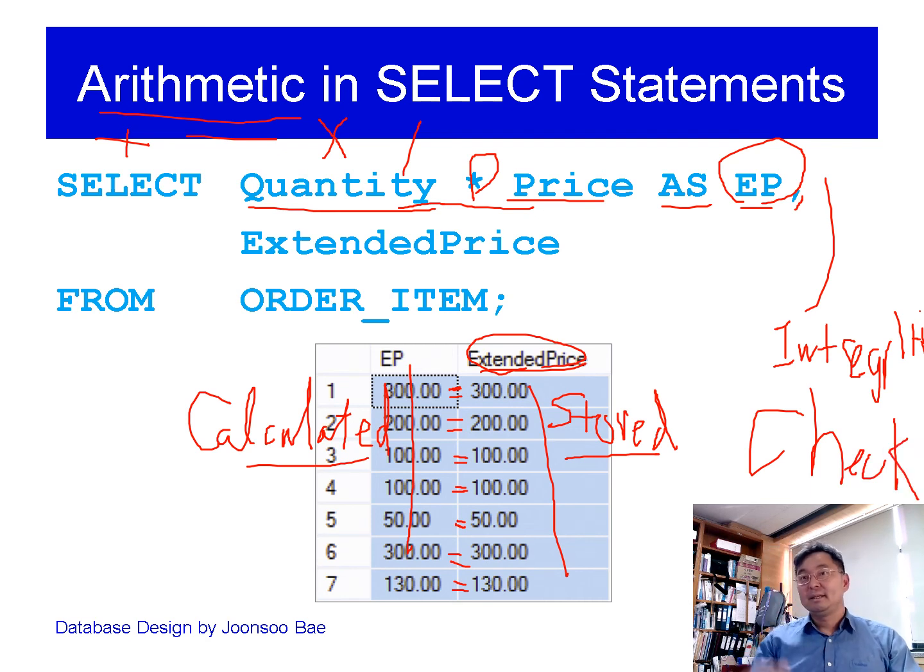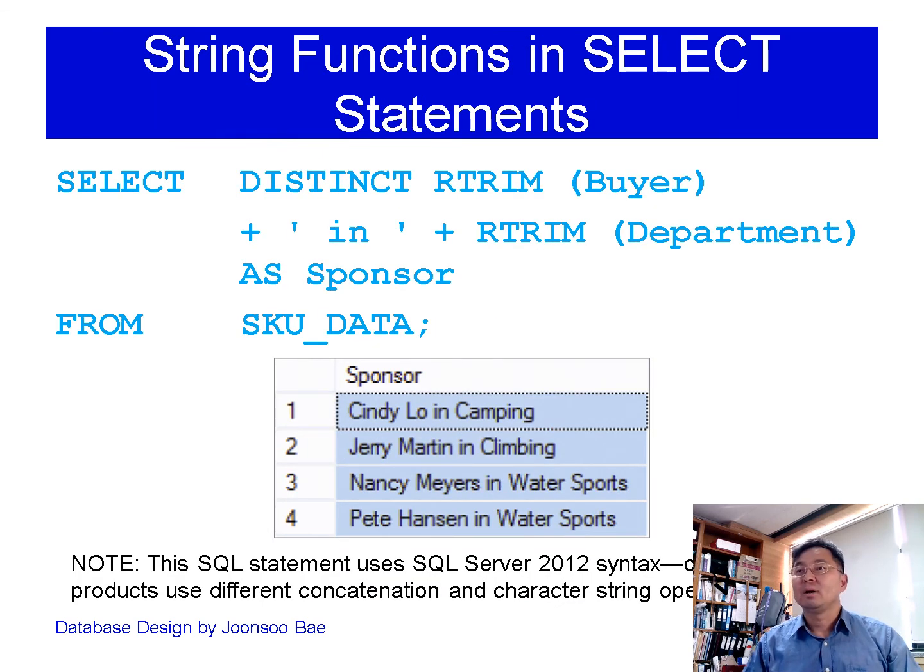But anyway, in this example, arithmetic operation is possible in an SQL statement. And string operation is also possible in an SQL statement. String operations like RTRIM and LTRIM are possible. R means right trim. What does trim mean? Trim means cut.